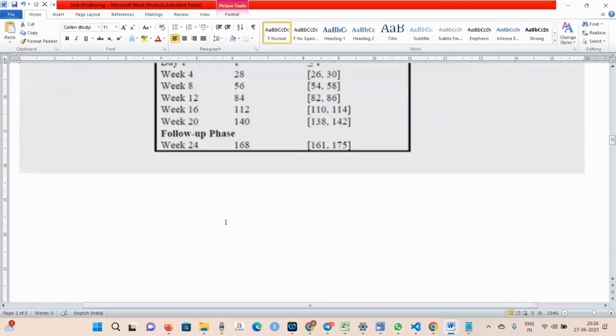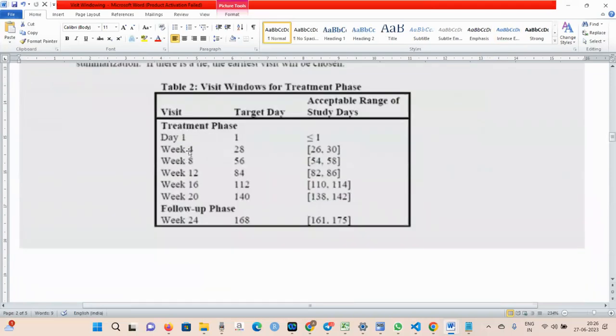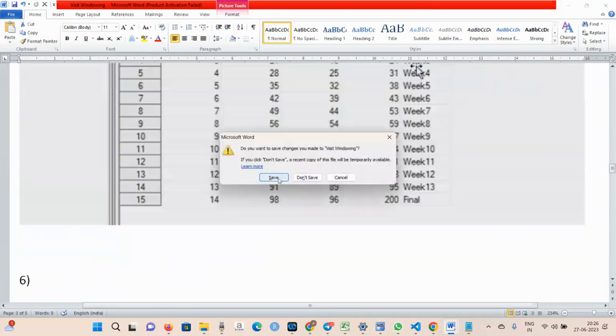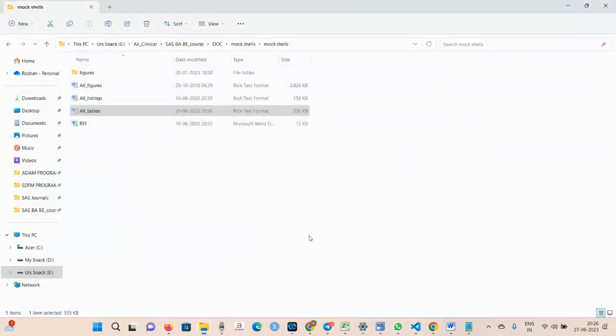Because in the mock shell they have mentioned week wise, if your analysis day falls into this range, 26 to 30, that would be considered week 4. So you have to classify like that. I will send you this one so that you can have a look and get a better idea. So we can continue our programming.